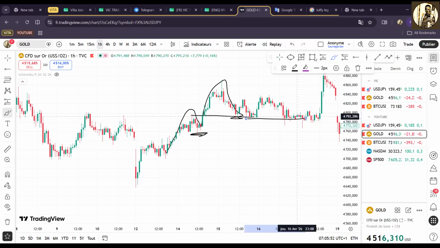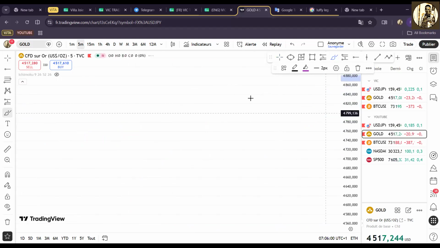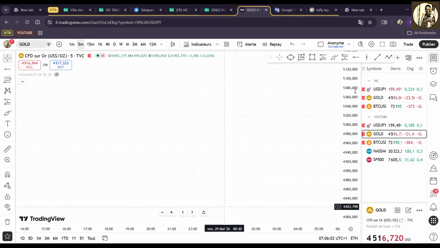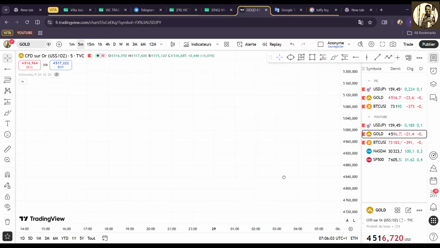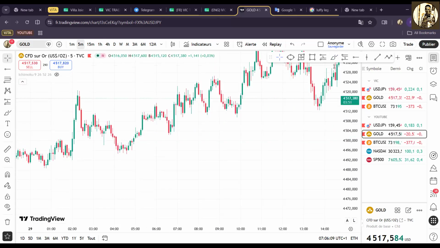When it came back here, you could have placed a zone like this, and this zone made the price go to the upside. It also happened in low time frames, like 5 minutes, 15 minutes. It's also happening down there.